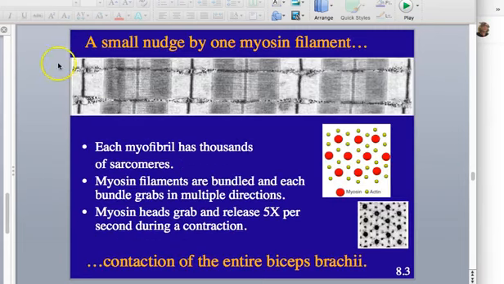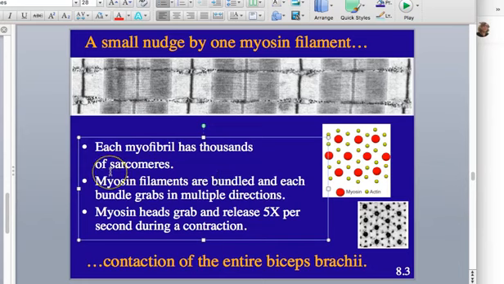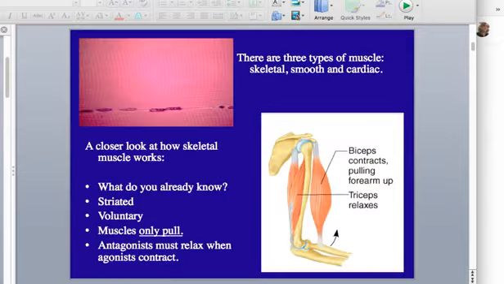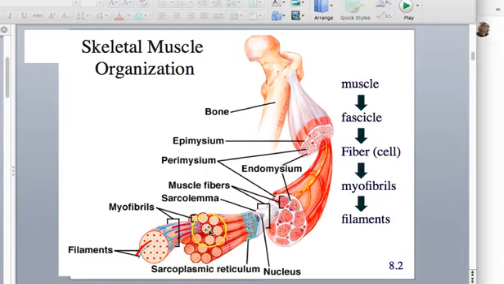All right, so I kind of already said all of this. Each myofibril has thousands of sarcomeres. Remember, let's go back up here real quick. If each myofibril contains thousands of sarcomeres, each fiber contains hundreds of myofibrils, and each fascicle contains hundreds of fibers.